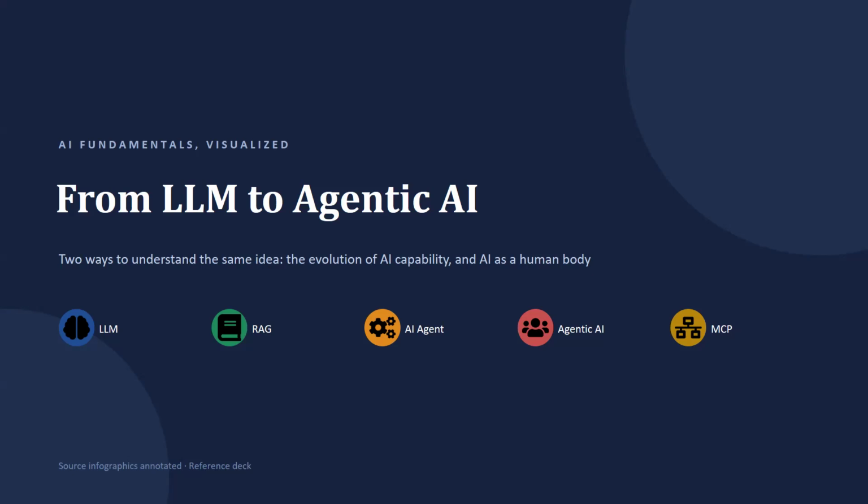And along with LLM, something you might have gone through is retrieval augmented generation. The second one is RAG, which I think you know. So LLM, RAG, and what I have covered is AI agent, agentic AI, and MCP.